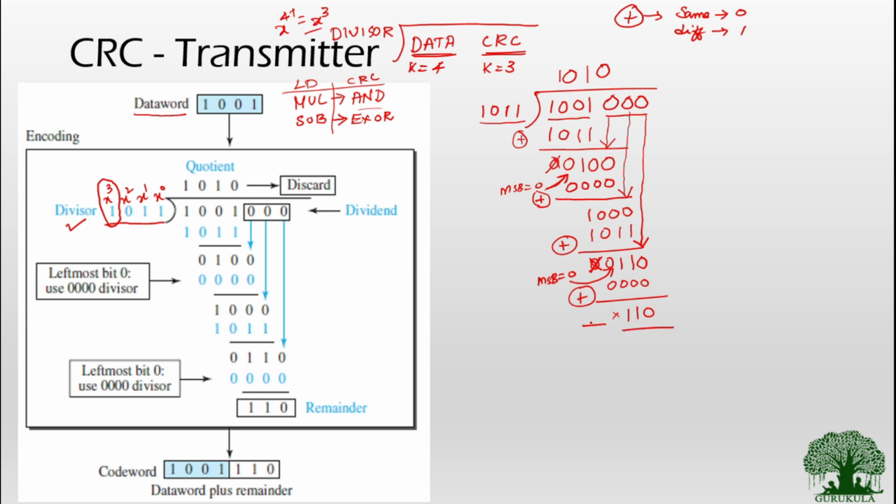Neglecting that, this is my remainder. This is the remainder we have obtained by performing the cyclic redundancy check. This is what is actually performed in the cyclic redundancy check. So this is my CRC, which I wanted to append to my data.